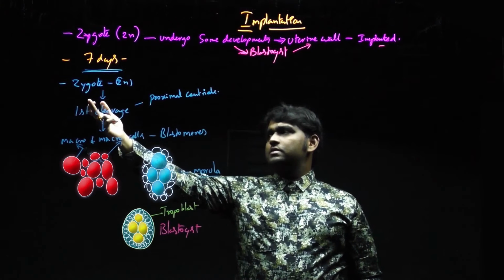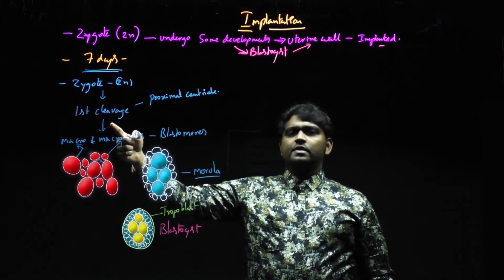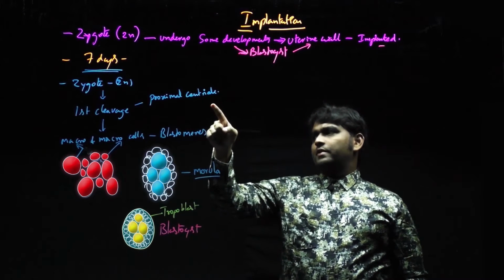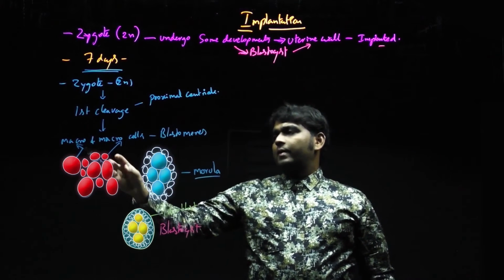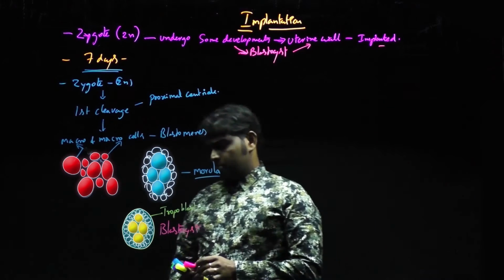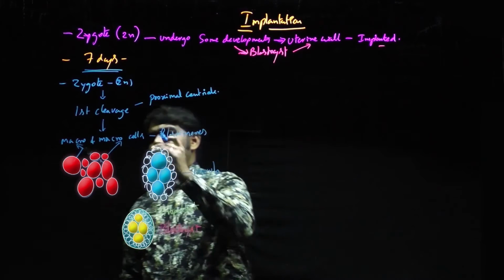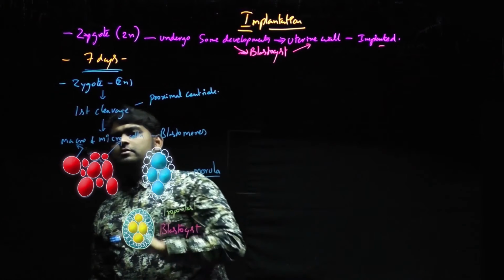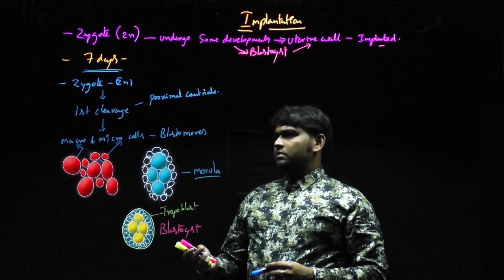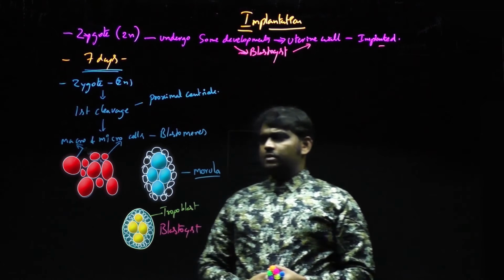The zygote initiates the first cleavage by the proximal centriole. Later it develops into smaller and bigger cells. The smaller cells are called microblastomeres and the larger cells are called macroblastomeres.